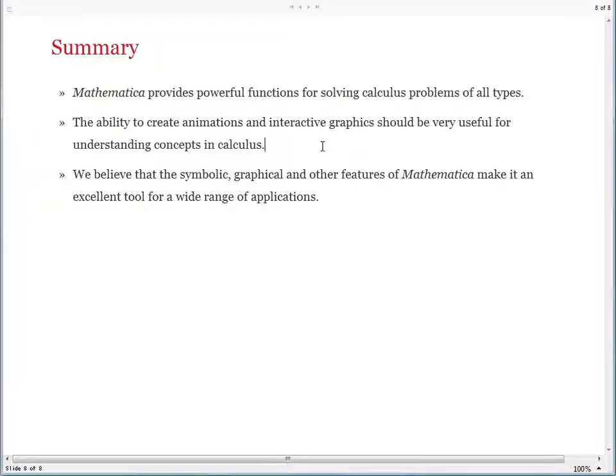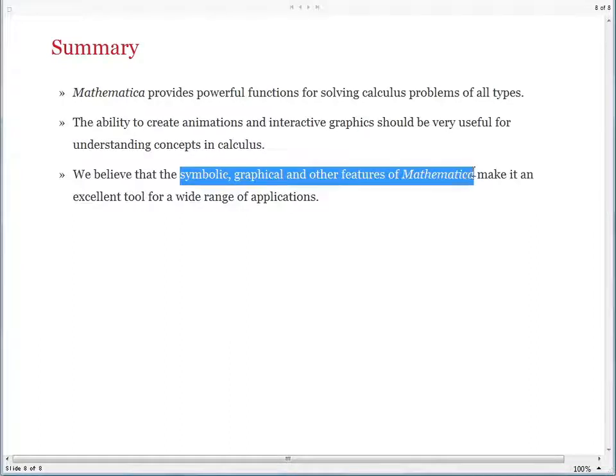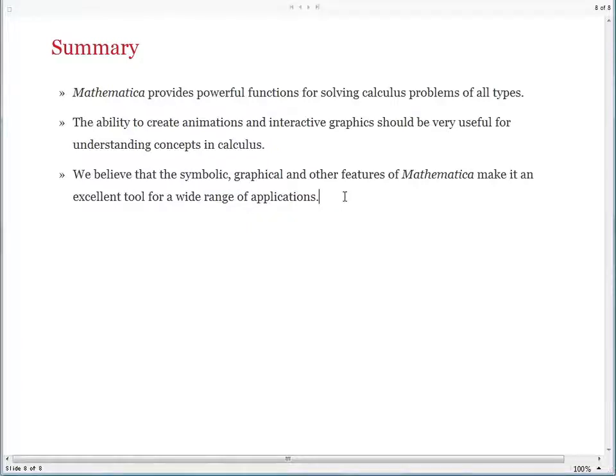Calculus is really a very geometrical subject, although it also has a fair amount of algebra in it, and to be able to see things geometrically should make it really easy to understand calculus and apply it in practice. Now, I've been using Mathematica for the last 14 years or so, and I've seen things improve, and I believe that what we have today in terms of a combination of symbolic, graphical and other features of Mathematica makes it an excellent tool not just for calculus or for mathematics, but for a wide range of applications.